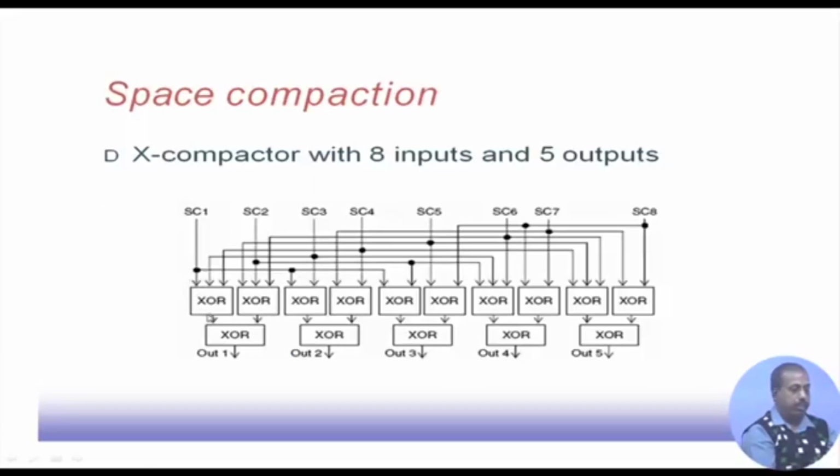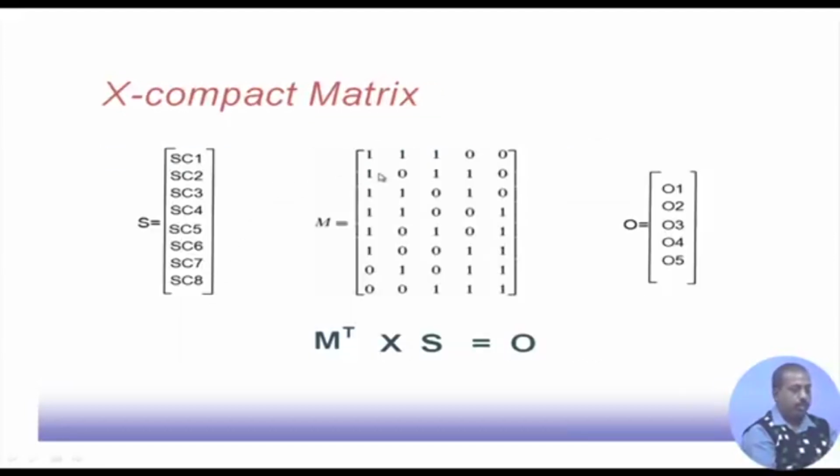This output 1 is basically a sum of scan chain 1, and so on. It is M transpose into S. So, M transpose is basically the sum of all these scan chains: SC1, SC2, SC3, SC4, SC5, SC6.